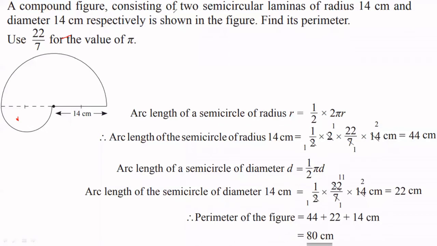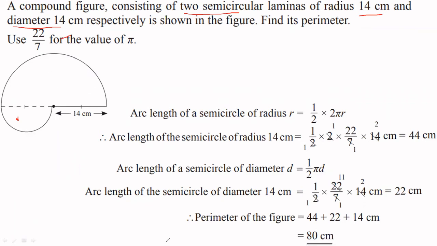A compound figure consisting of two semicircular laminas of radius 14 centimeters and diameter 14 centimeters respectively is shown in the figure. Find its perimeter. Use 22/7 for the value of pi.